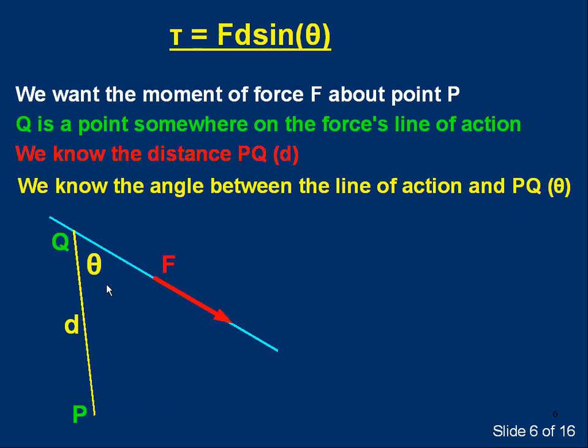Let's mark it in, theta. So we know three things: the force magnitude, this distance from the point where we're taking moments about to some point on the line of action, and the angle between that line PQ and the line of action.